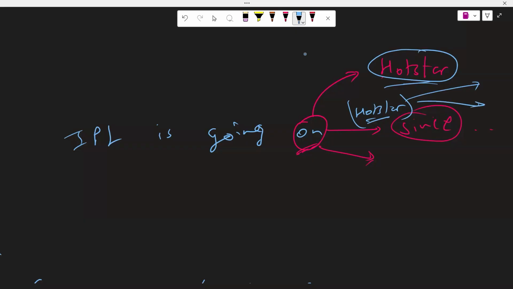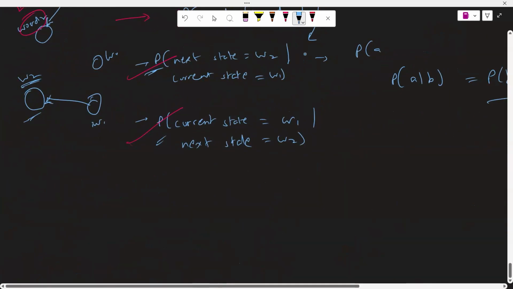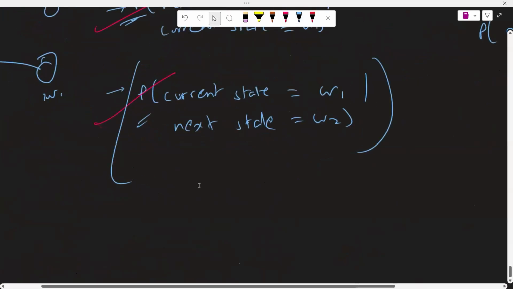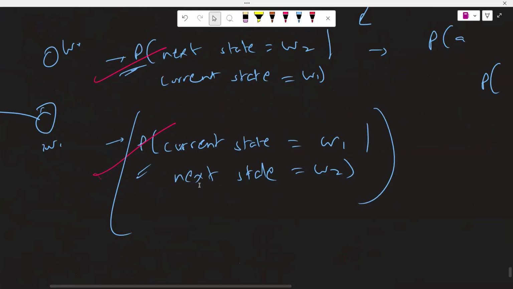So over here, in our case, we are defining the transition probability using this logic. The only reason why we are using this particular logic is because in online articles you will find the next state to be written first.